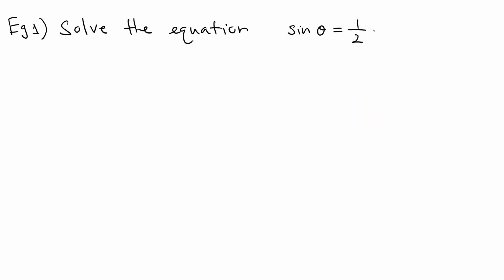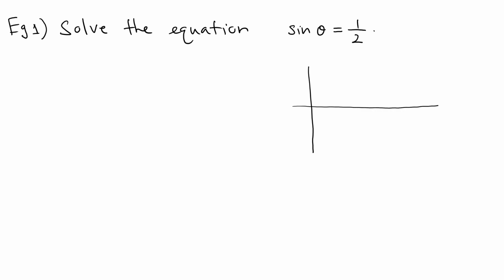As the first problem, we're going to solve sine theta equals 1/2. Let's look at the corresponding graph in this case, and you can understand what's really going on here. For the sine graph, we're going to look at just the first period.